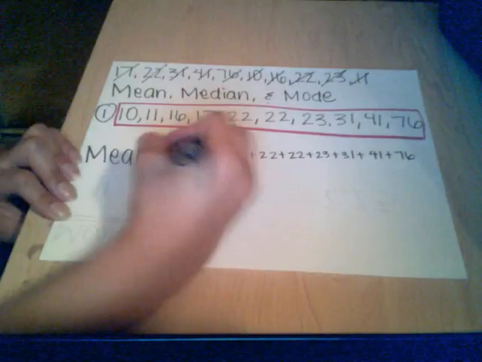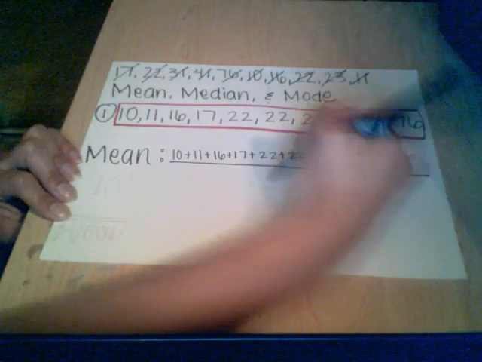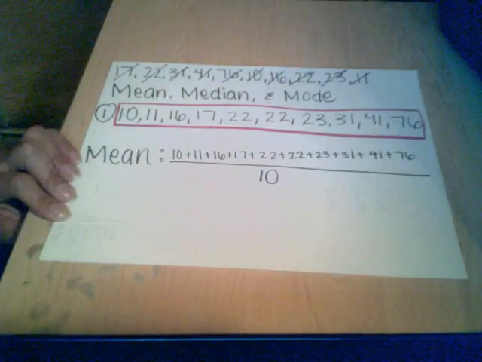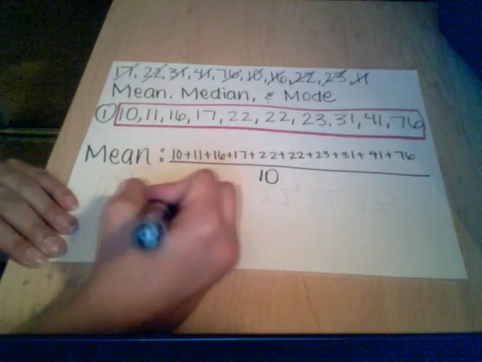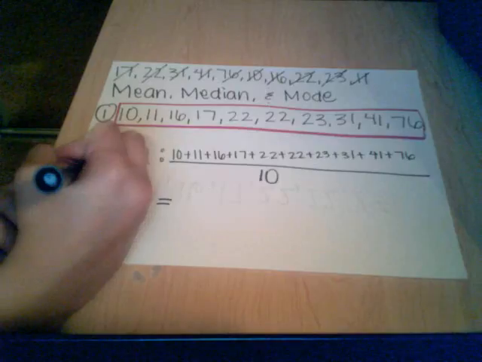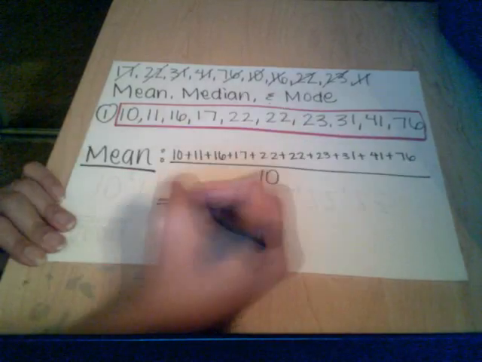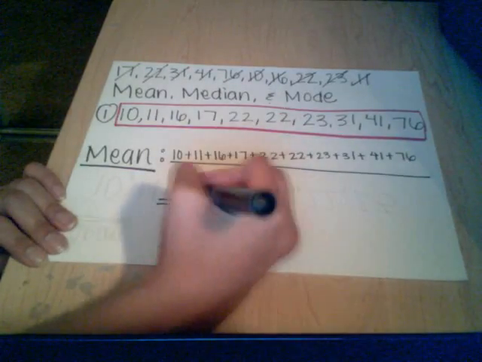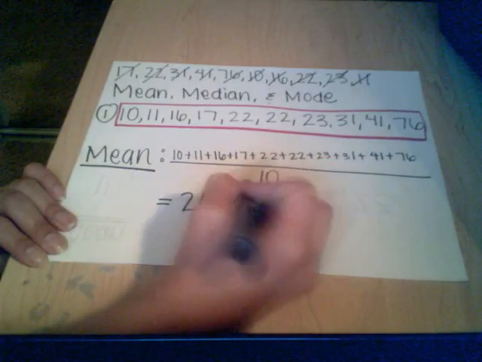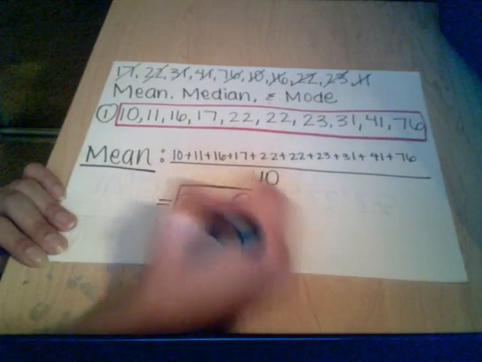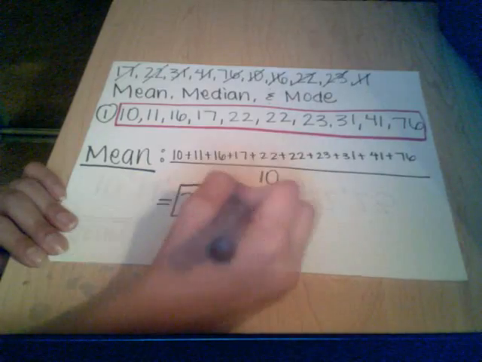So we divide, and 10 becomes our denominator. Then you add those and you divide them by 10, and your mean is actually 26.9. So there you have it, your mean is 26.9.